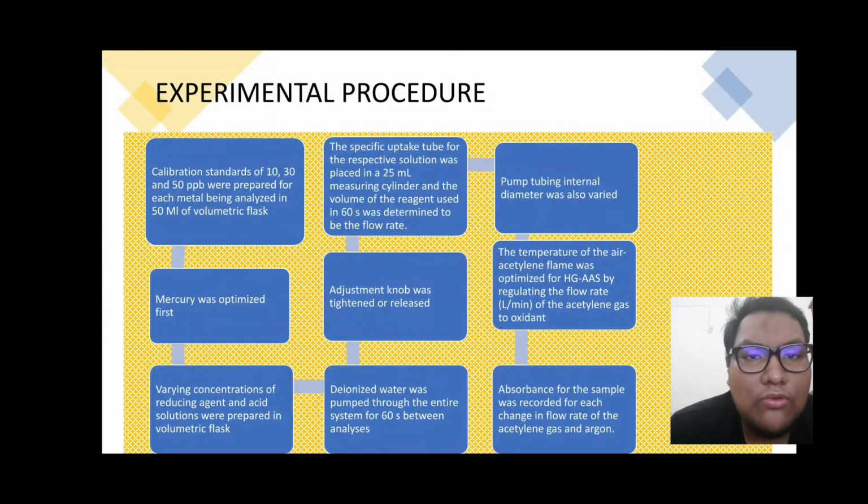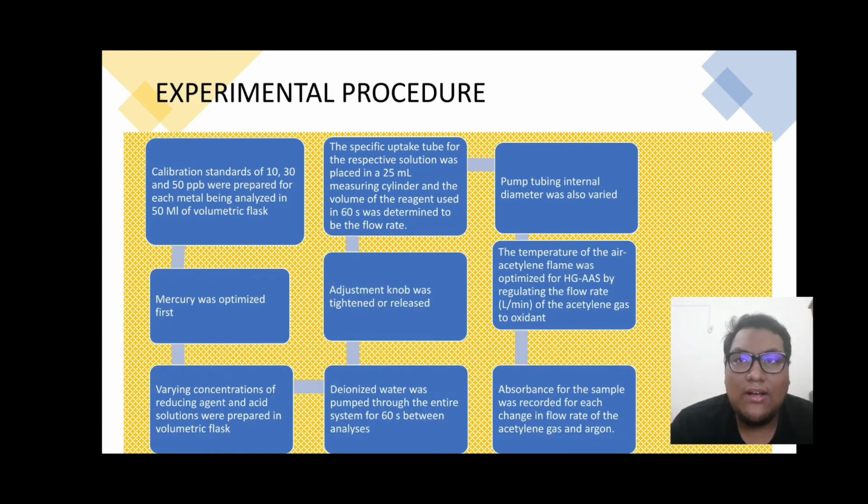Next, varying concentrations of reducing agent and acid solution were prepared in a volumetric flask by weighing the appropriate masses of the reagent, and then diluting to 250 ml with deionized water. The deionized water was then pumped through the entire system for 60 seconds between the analyses.